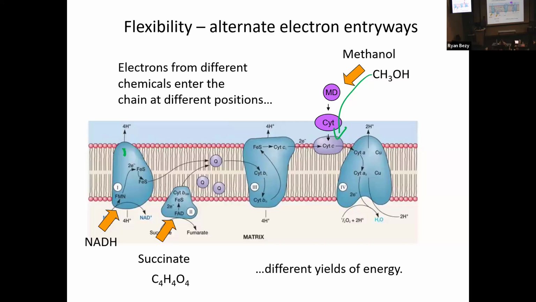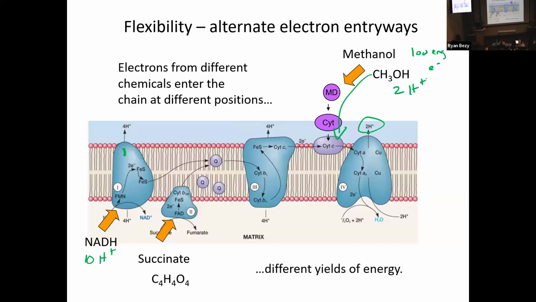And you get different amounts of protons pumped. If you have electrons come in at the beginning, you pump protons here, here, and here. With something like NADH, you're pumping 4 protons here, 4 here, 2 here. You've got about 10 protons pumped with something like NADH. This has really high energy electrons on it. Something like methanol has low energy electrons, and so they come in later and maybe you only get 2 protons pumped.